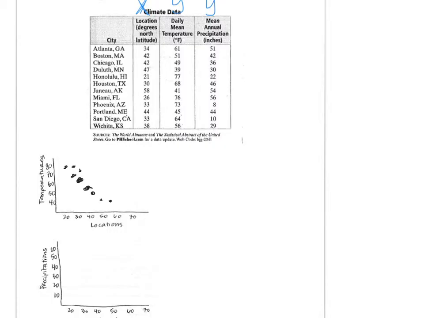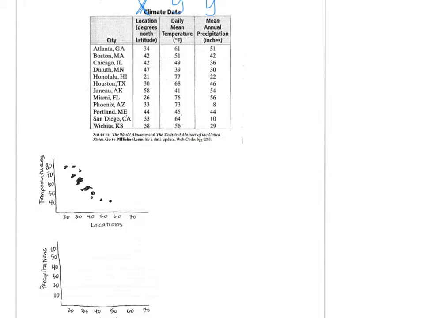Portland, Maine, not Oregon, Maine, is 44, 45. San Diego is 33, 64, kind of here. And then Wichita is 38, 56. So those aren't perfect, but certainly you see a trend.